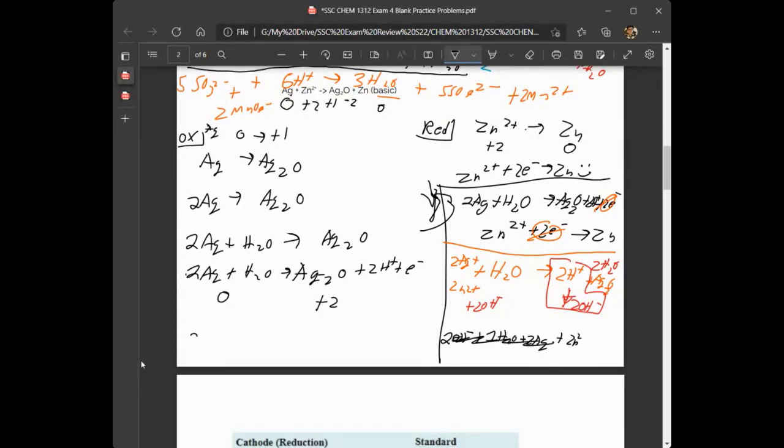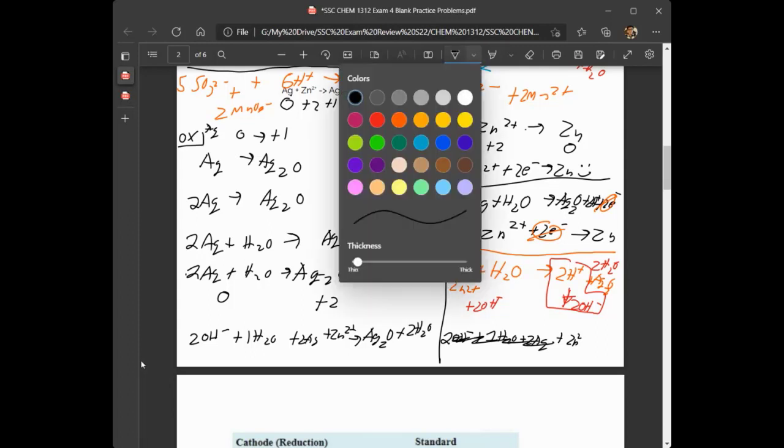So that's, as I mentioned, 2OH minus plus 1H2O plus 2Ag plus Zn2 plus yields Ag2O plus 2H2O. Right? Anyone have any questions on that? And that's very squiggly, but next we have to combine our waters.